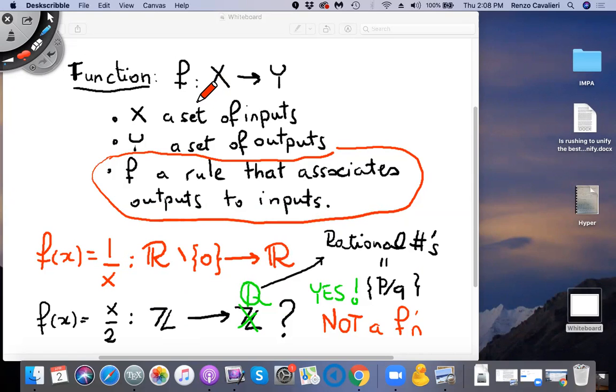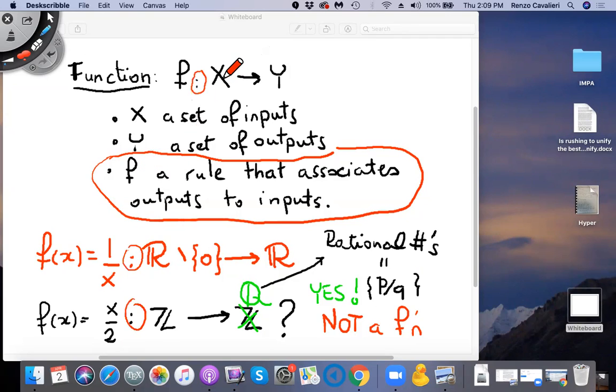Izana, I see a question. What does the colon mean? You're talking about these colons right here? Yes. Okay, great. So this is just part of the notation. I think of F as a rule, right?